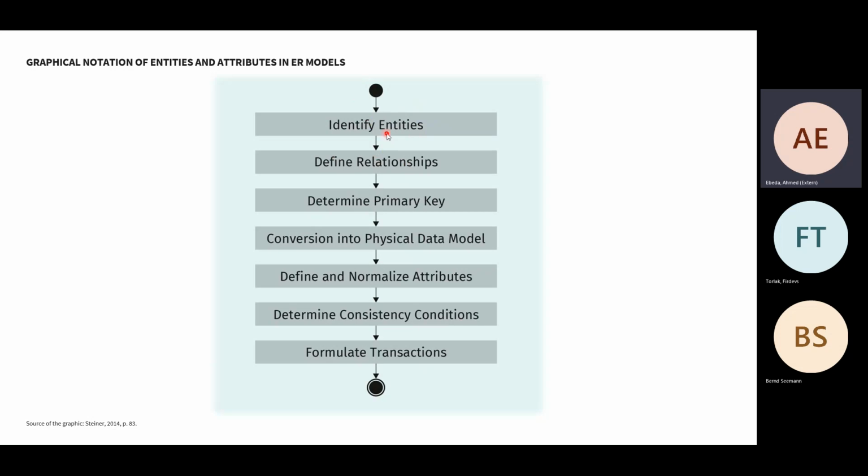You say, okay, how many rooms do you need? I need a three-room apartment. It means I need one room for sleeping, one room for something else. So in this case, we identify our entities, then define relationships between entities.